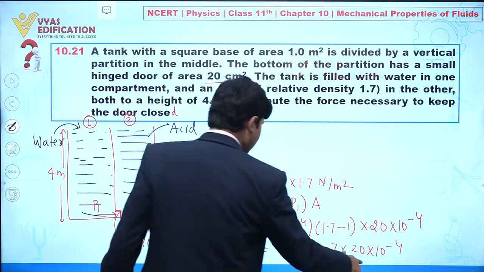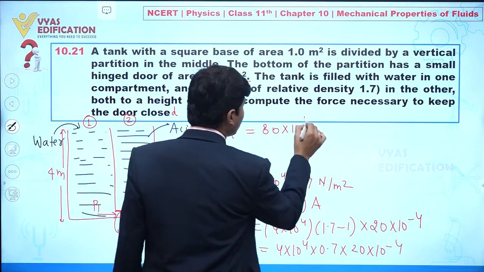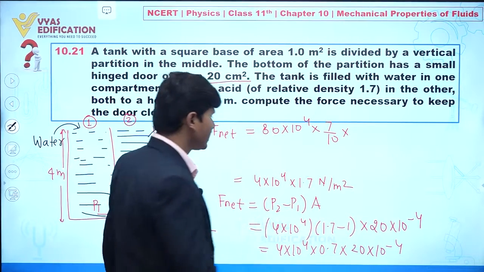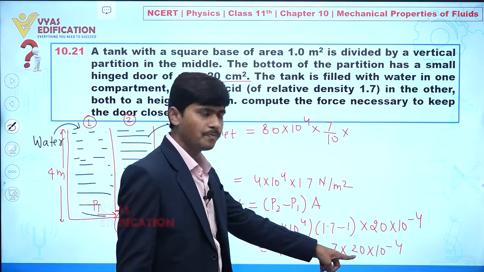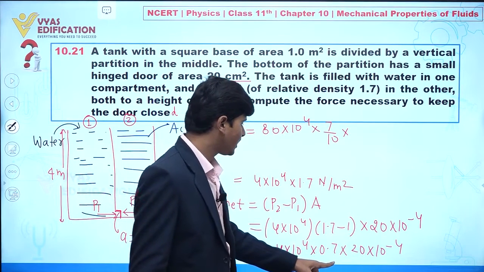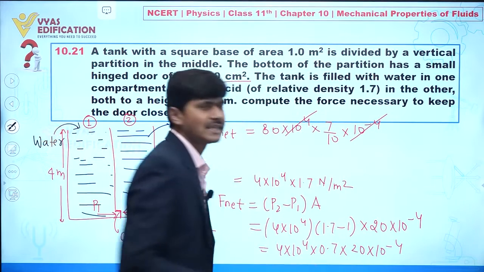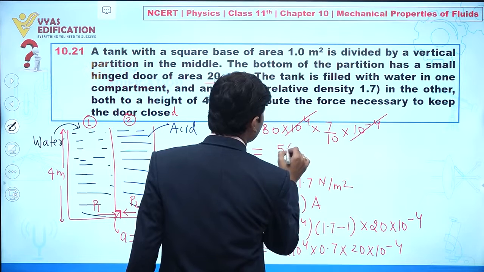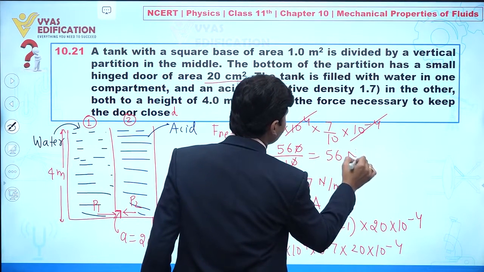If you multiply, this is 80 into 10 to the power 4 into 7 by 10. This is 4 multiplied by 20, 10 to the power 4, 7 by 10, and 10 to the power minus 4. This one and this one cancel out. Divided by 10, this is equal to 56 Newton.